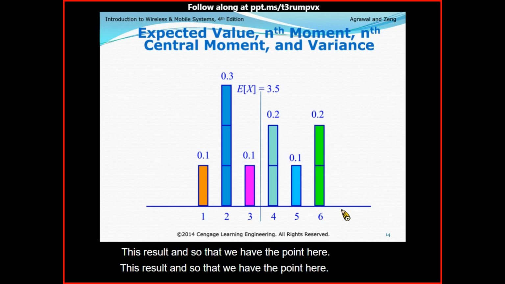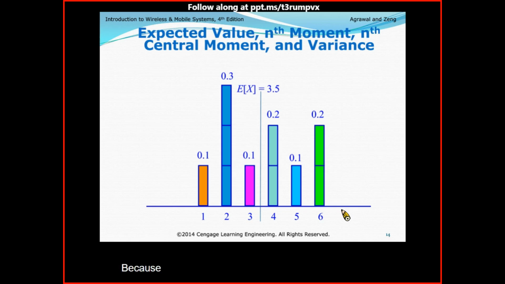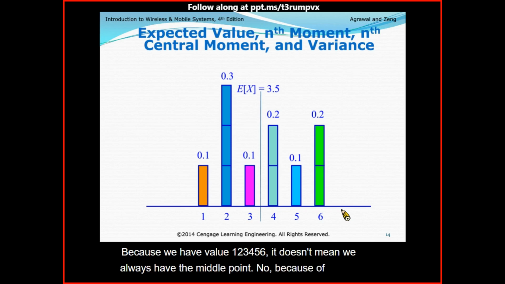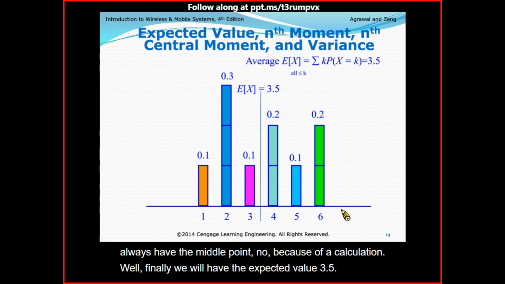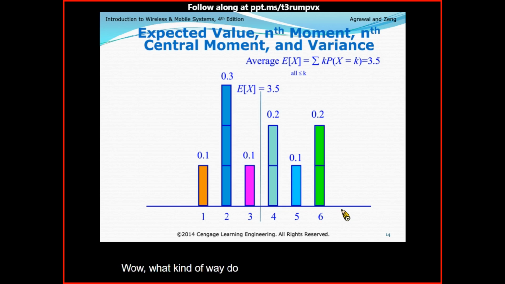Because we have value 1, 2, 3, 4, 5, 6. It doesn't mean we'll always have the middle point. No, because of calculation. Well, finally, we will have the expected value 3.5. Well, what kind of way to have the calculation? This one.